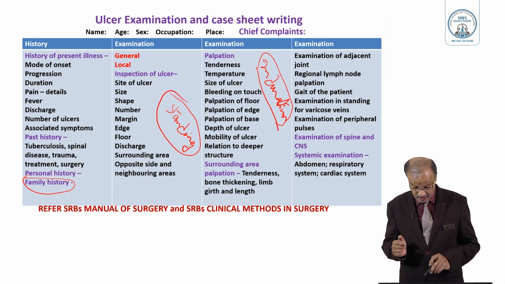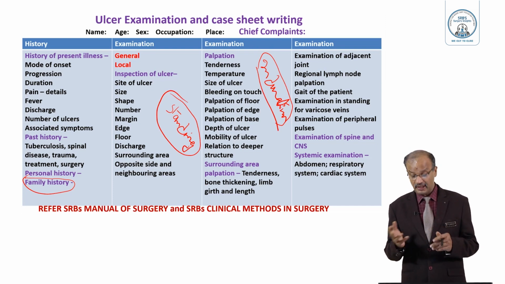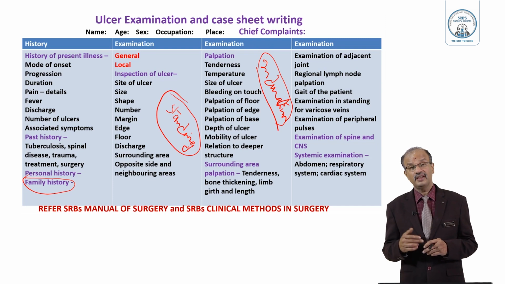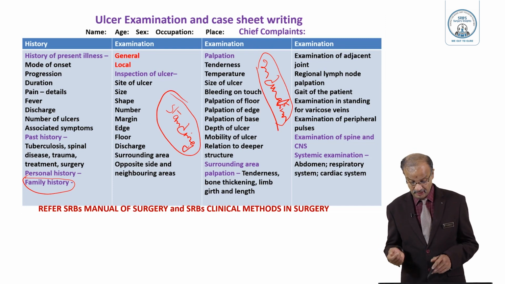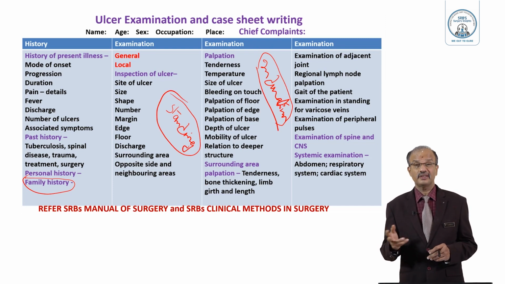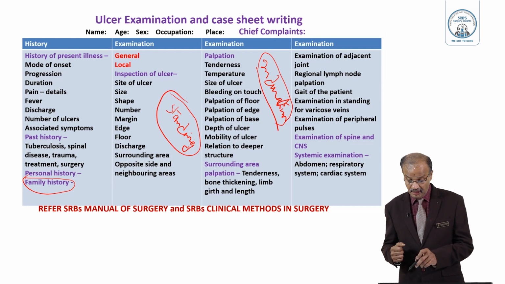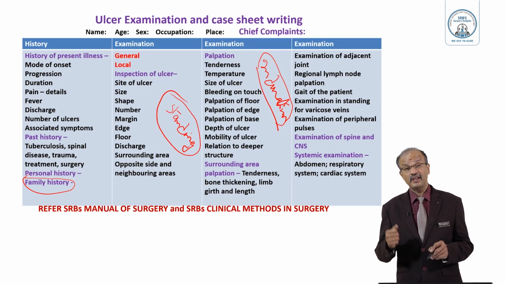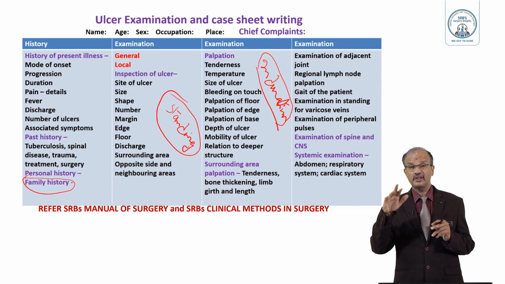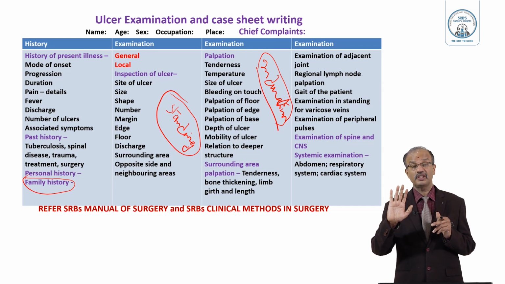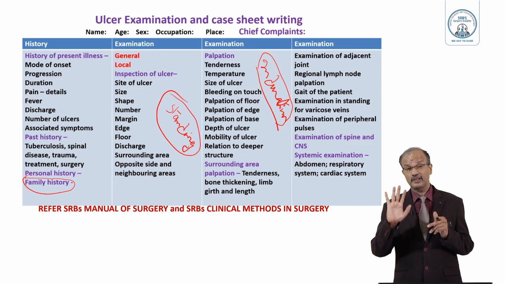It prevents the healing. Limb girth and length, especially in congenital conditions like gigantism, AV malformations, or some fracture, girth and length may be altered. So other examination, joint is important: ankle joint movement, plantar flexion, dorsiflexion. Inversion, eversion is not by ankle joint movement, it is by the subtalar joint. Don't get confused.